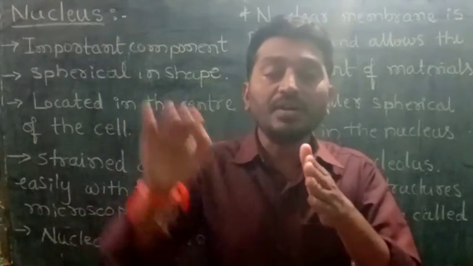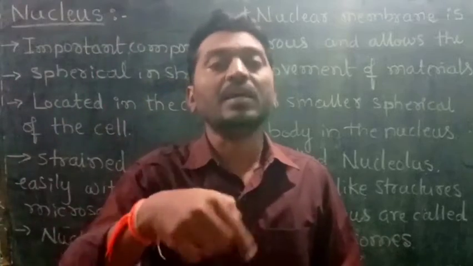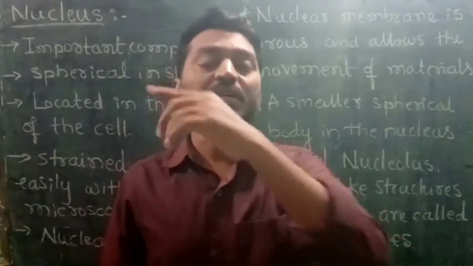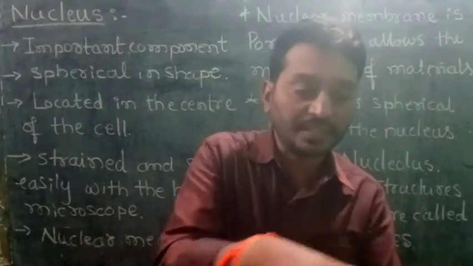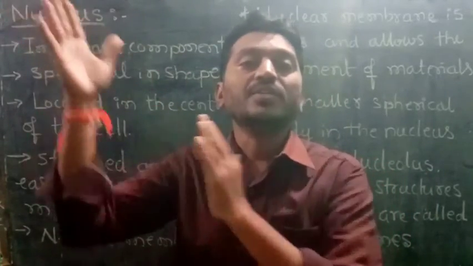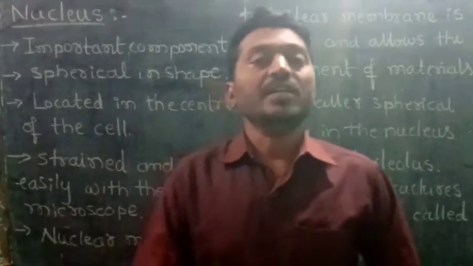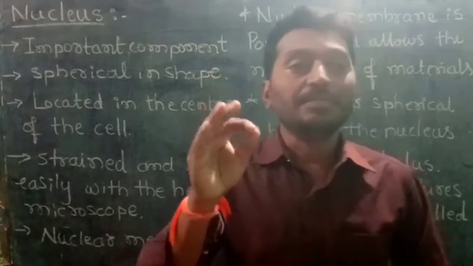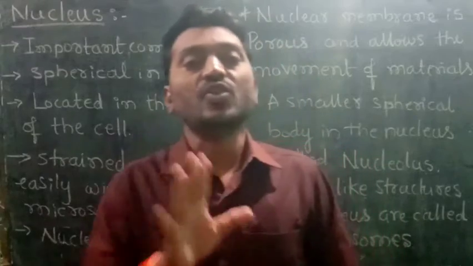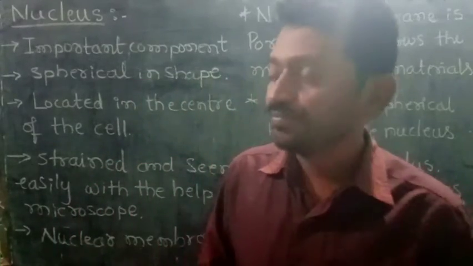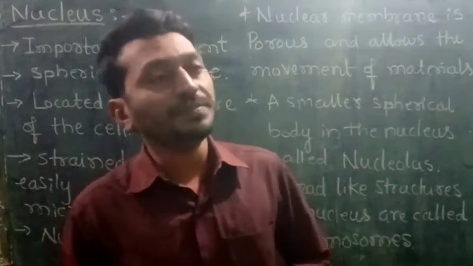Because it allows the necessary substances into the cell and the exit of unnecessary components from the center of the cell to the outside. So this is a very important function of a cell. That is why the cell membrane is called a semi-permeable membrane, as well as the plasma membrane.